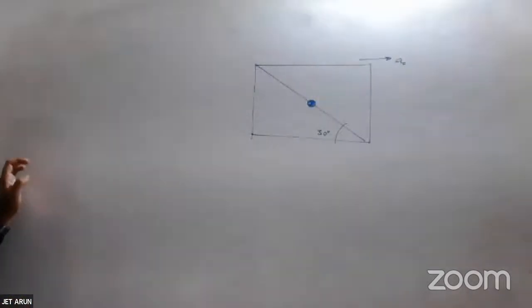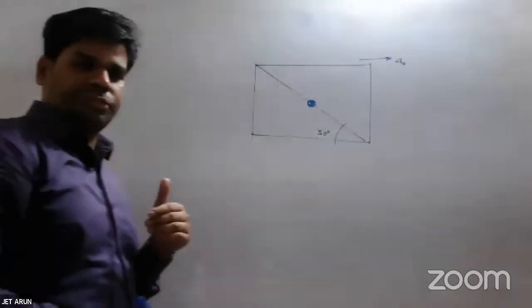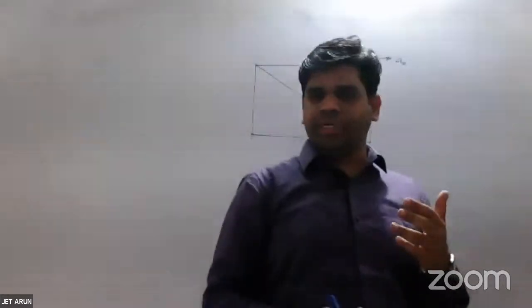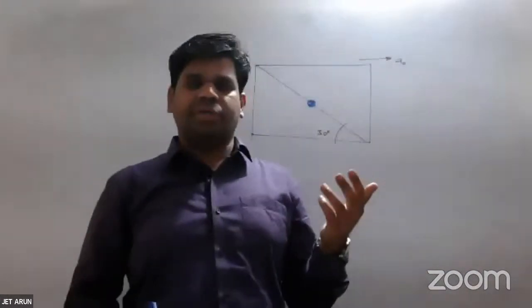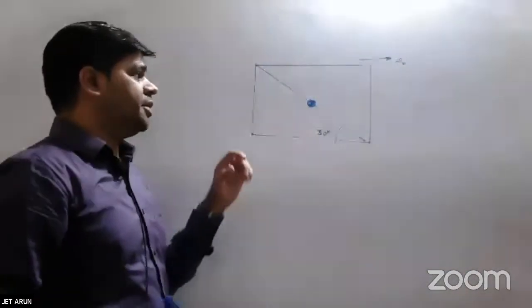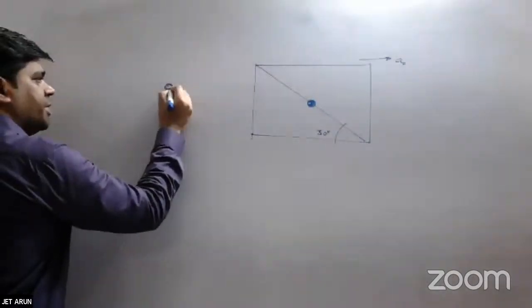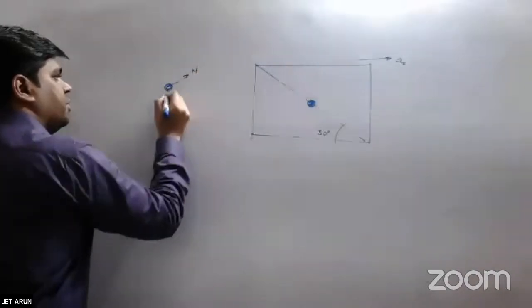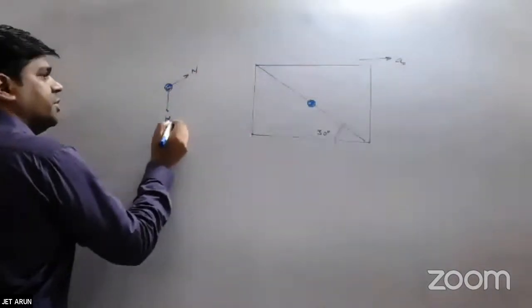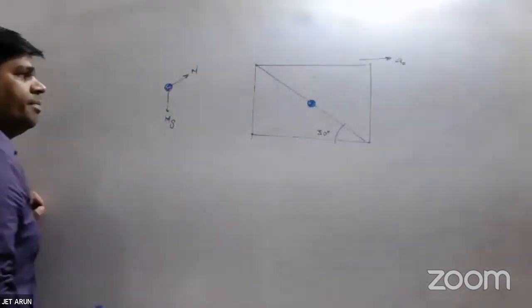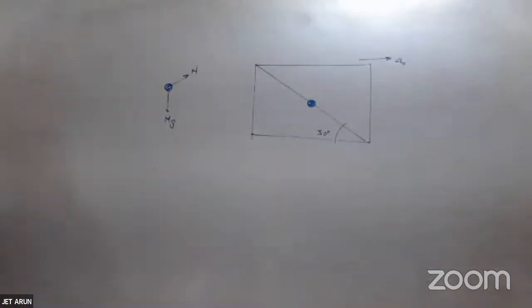How will I find it? See, I need acceleration, for which I need force, for which I need FBD, for which I need a reference frame. So I'll choose the car as the reference frame. If I take the car reference frame, I'll have normal reaction as one force, mg as one force. Is the pseudo force towards right or left? Left.